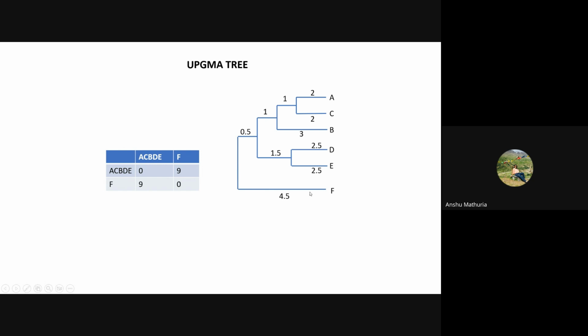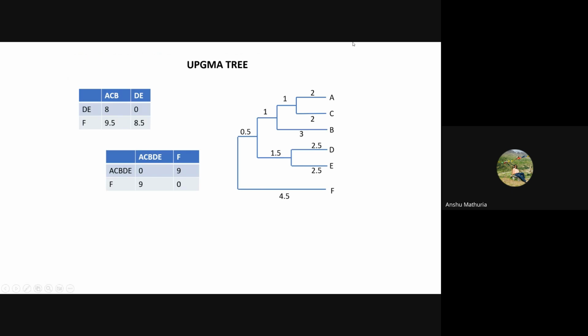And now you can connect ACBDE with F, that is this entire thing with F by this connection. And 9 divided by 2 is 4.5. This entire branch length will be 4.5. And this will be 0.5 because it comes out to be 1, 2, 3, 4. If you calculate from any of it, it will be the same. If you take this 2, 1, 1, 4, 3, 1, 4, 2.5, 1.5, 4, it becomes 0.5.